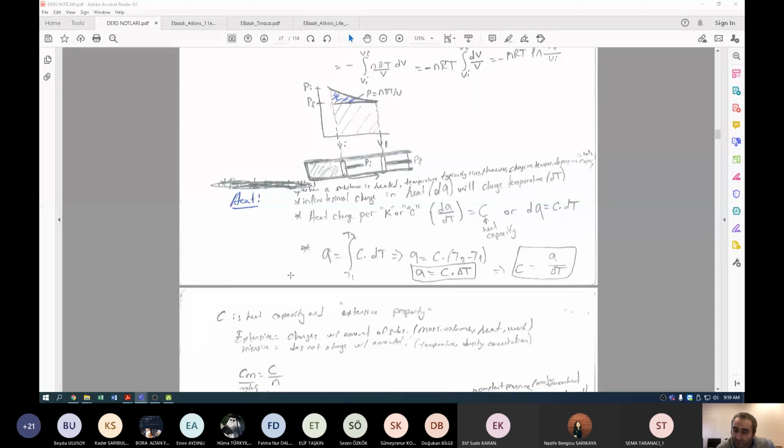PV multiplication was yielding the work, and volume was the measure of the work, and temperature was the measure of the heat. Heat and work both are path functions, and they depend on the path you are taking in any physical or chemical process.